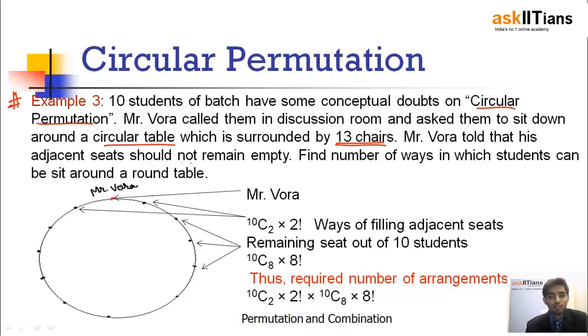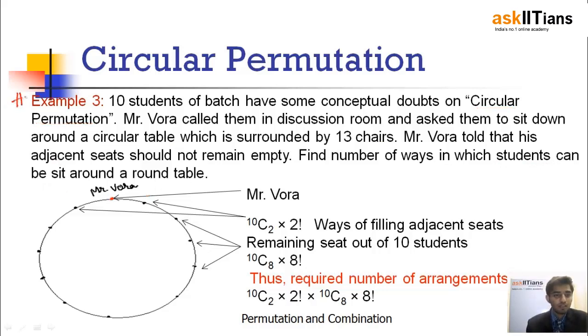Now Mr. Vora told that his adjacent seats should not remain empty. So if this is the position of Mr. Vora, then these two seats should not remain unoccupied. There should be some student who sits on this seat and this seat. Find the number of ways in which students can sit around a round table.